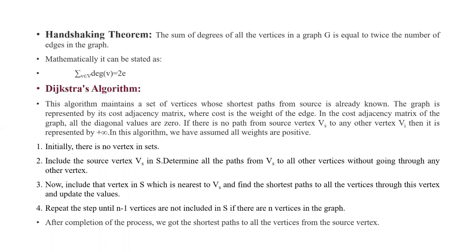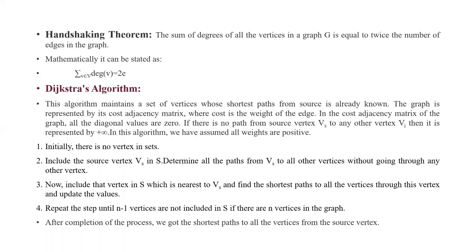Then Dijkstra's algorithm. This algorithm maintains a set of vertices whose shortest path from the source is already known. The graph is represented by its cost adjacency matrix, where the cost is the weight of the edge. In the cost adjacency matrix, all the diagonal values are 0.